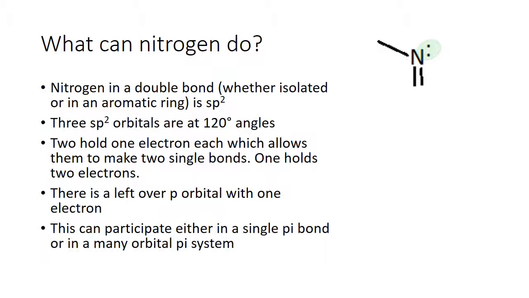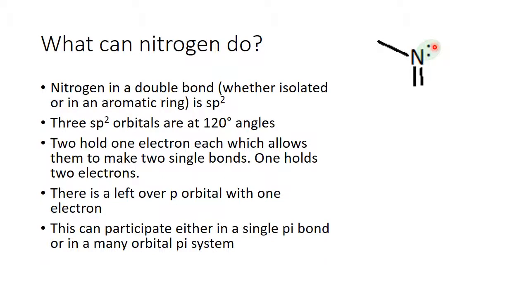What can nitrogen do? Well, nitrogen in a double bond is going to be sp2, and it doesn't matter if this double bond is isolated or if it's in an aromatic ring. If it's sp2, then you have 3 sp2 orbitals at 120 degree angles: 1 orbital here, 1 orbital here, and 1 orbital here.